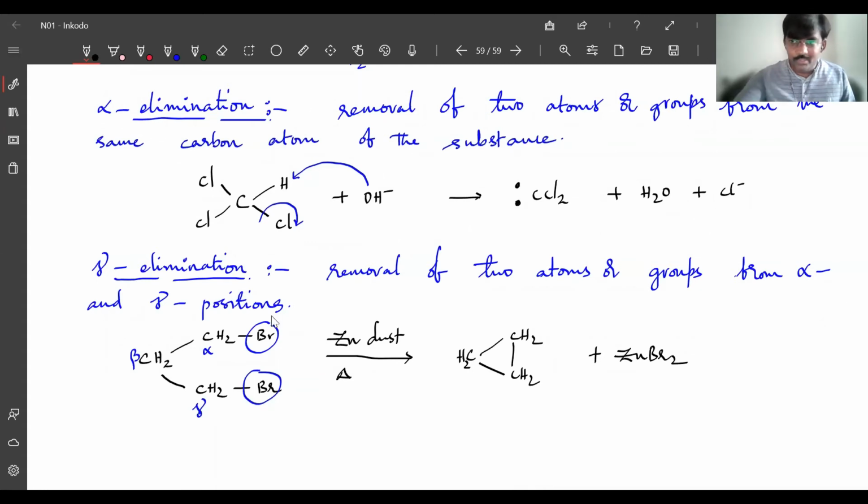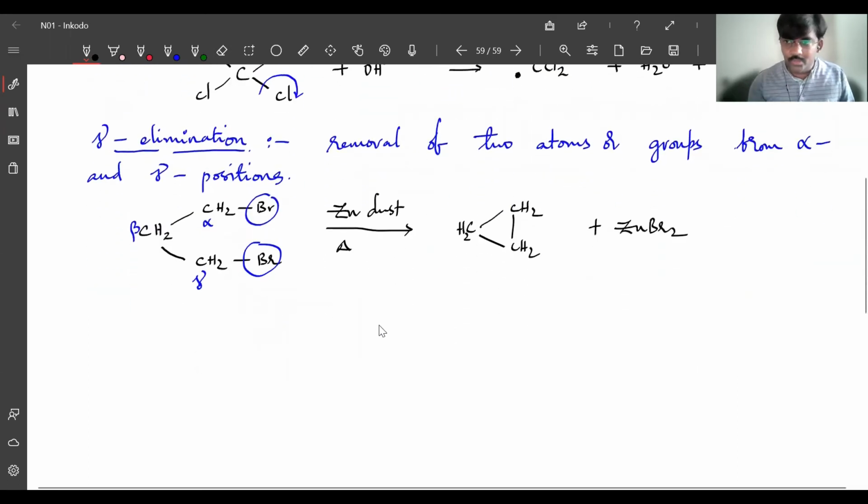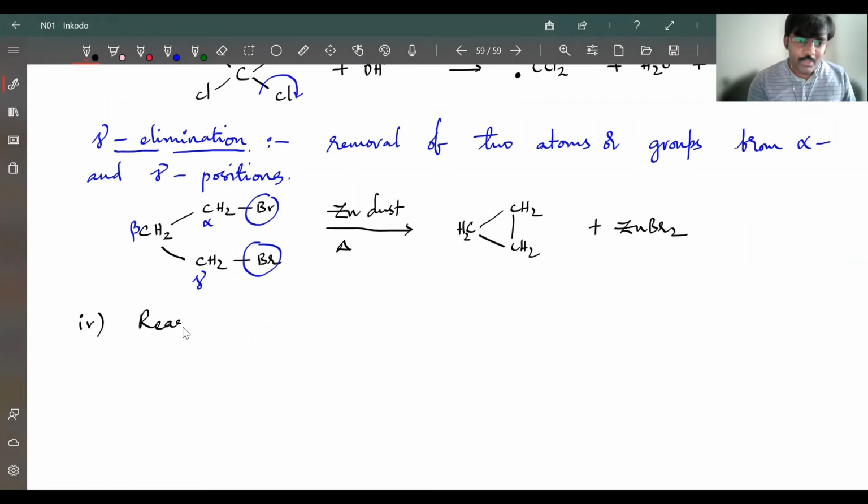Now after elimination reactions, we have rearrangement reactions. Okay, that is the fourth type of organic reactions, rearrangement reactions. So that means we are not adding anything or removing anything in the organic compound.